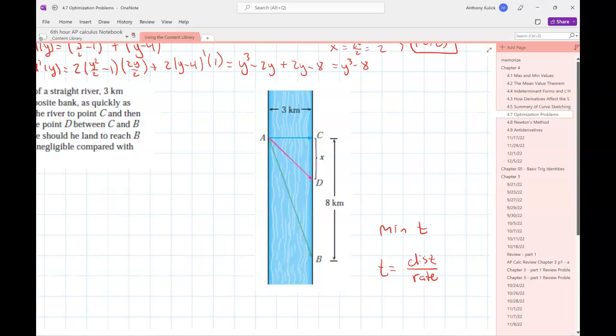In our case, it'll just be the distance traveled divided by the rate at which you're traveling, right? How long does it take to go 100 miles if you're going 50 miles per hour? 2 hours. 100 divided by 50, the distance divided by the rate. Everybody's happy with that? Okay.